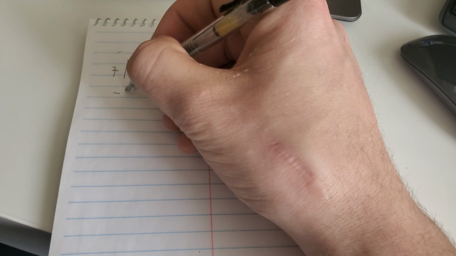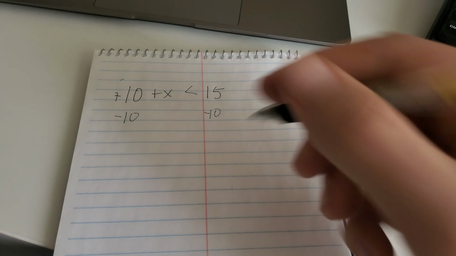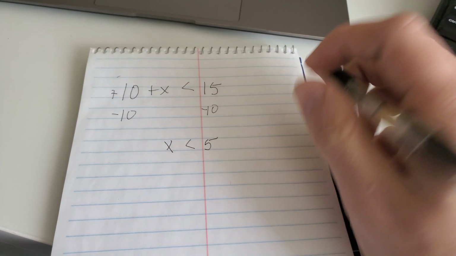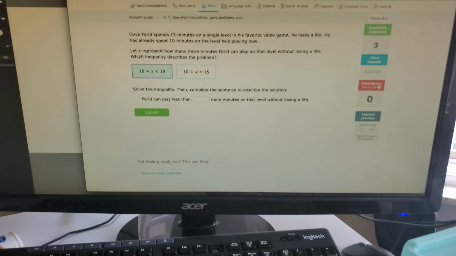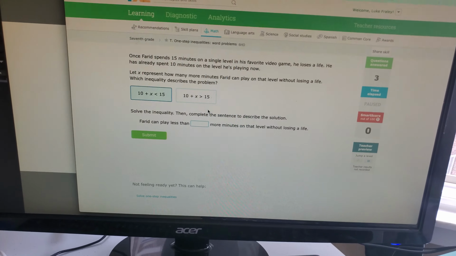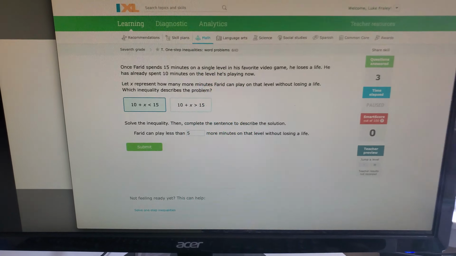So subtracting 10 from both sides. Once you do that, you've got x is less than 5. So if we go on over here and put a nice little 5 in, oh, wrong keyboard, put a nice little 5 in and hit, wrong keyboard again, and hit enter, boom.